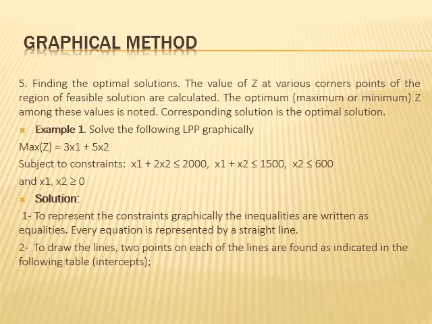Now, step 1: convert the constraints into equations. That means constraint 1 will be x1 plus 2x2 equal 2000, x1 plus x2 equal 1500, and x2 equal 600.